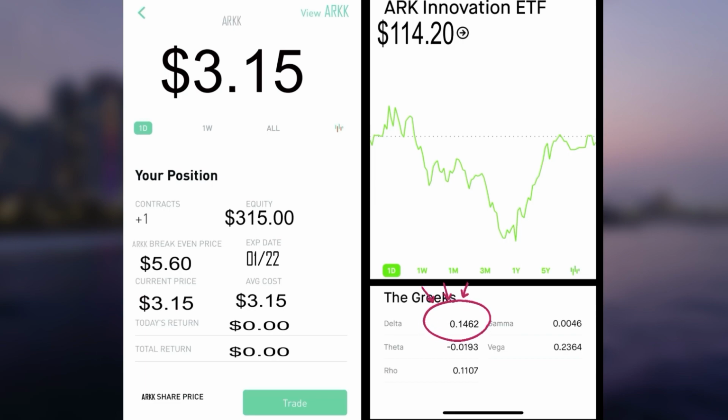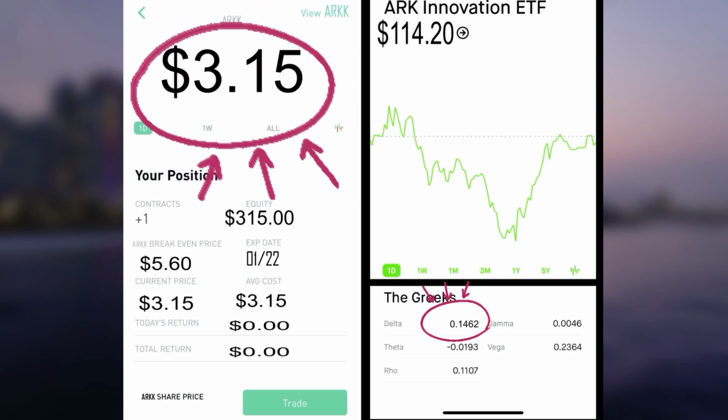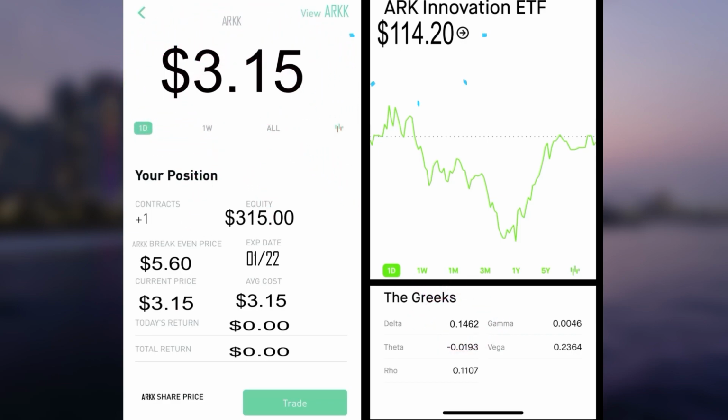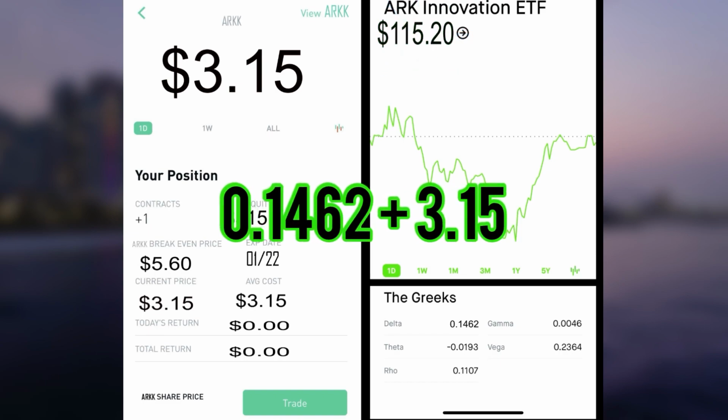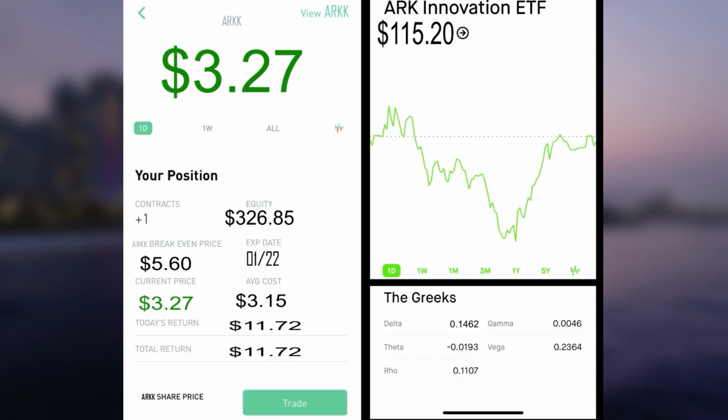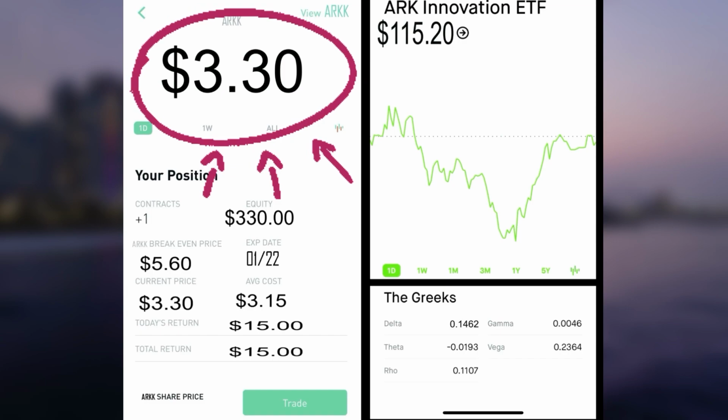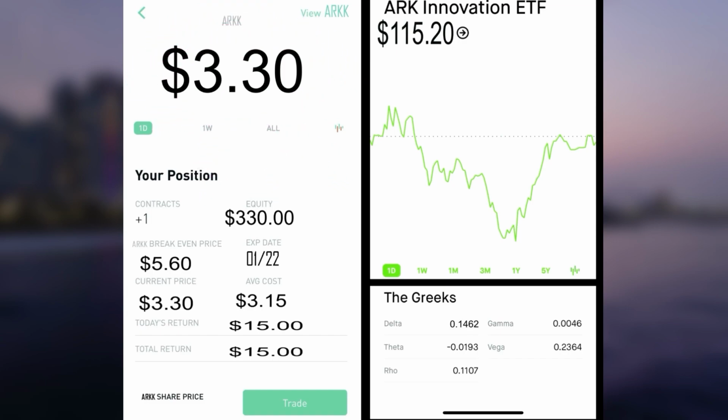The delta pretty much shows the relation to the premium price when the stock price goes up or down $1. So if the stock price goes up $1, the delta adds 14 cents, or if you round it out, 15 cents to the option premium, looking at a new premium of $3.30.